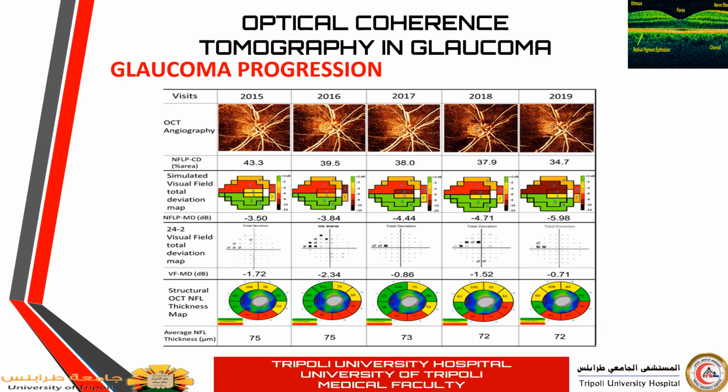However, the standard visual field shows fluctuation, and the standard structural OCT gets stuck with the floor effect. So OCT angio may be very useful, along with the simulated visual field, in following up the progression of glaucoma from early stages to late stages.